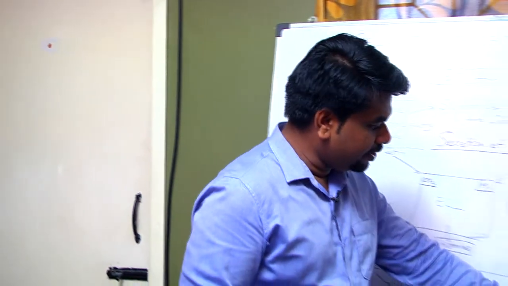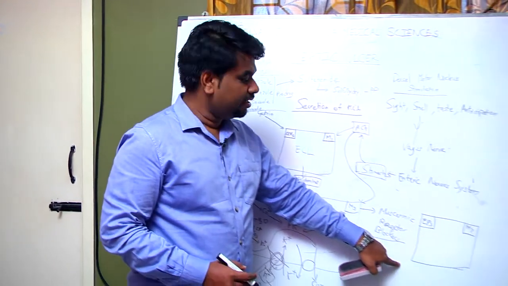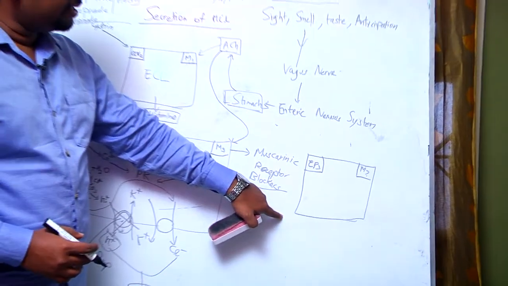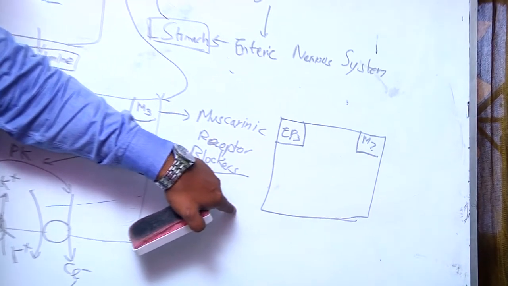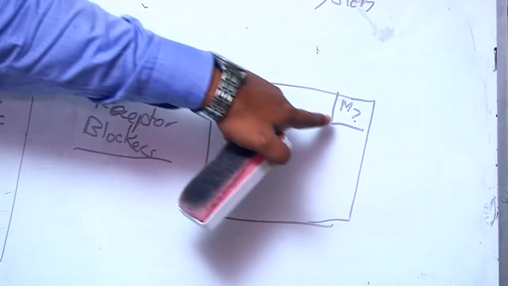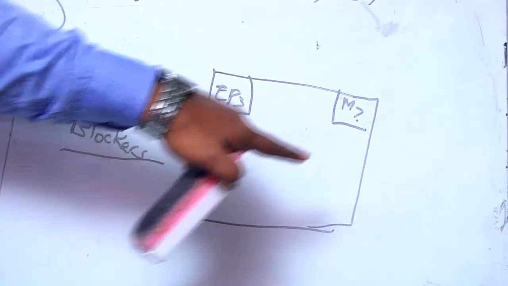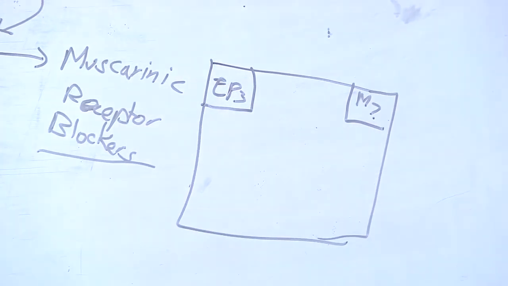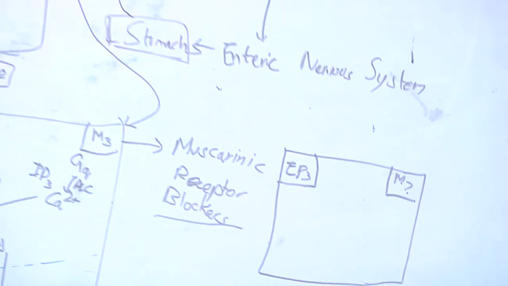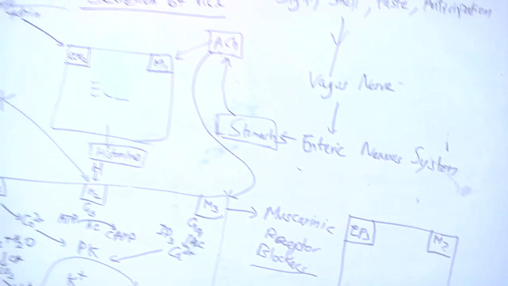So now coming to another new cell which is called the surface epithelial cell. This surface epithelial cell consists of two important receptors, which is the EP3 receptors and unknown muscarinic receptor. So when I started the lecture, I talked about the protective factors. One of the most important protective factors which I was talking about is the prostaglandins.